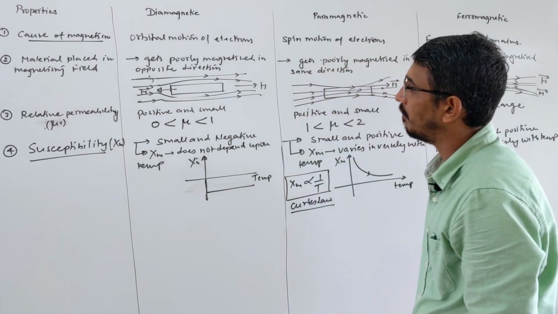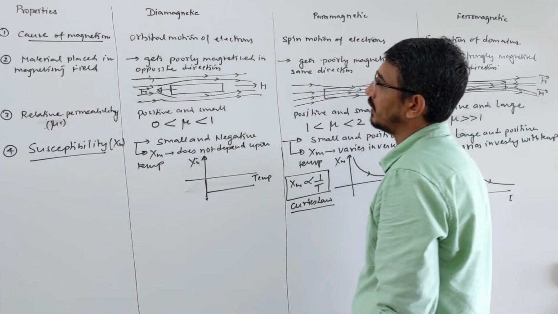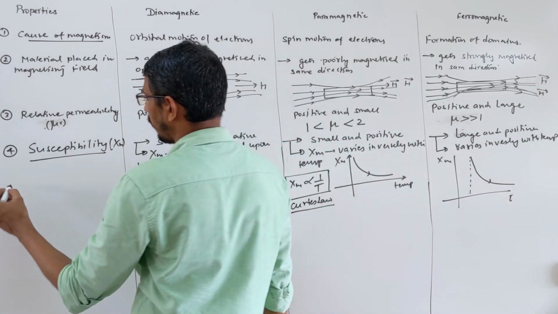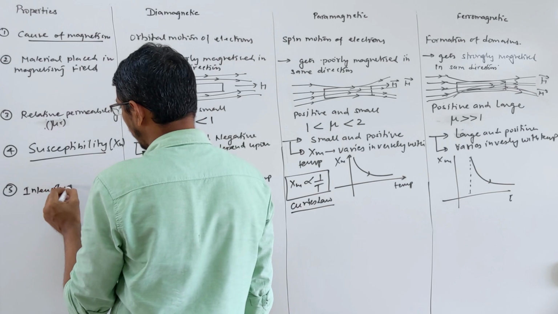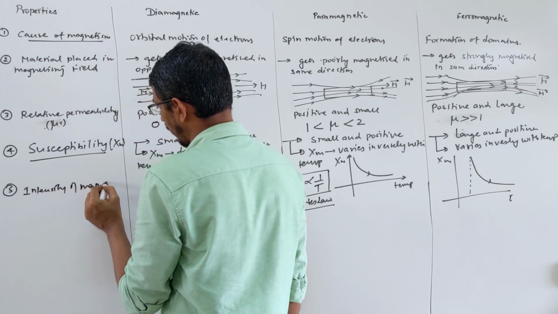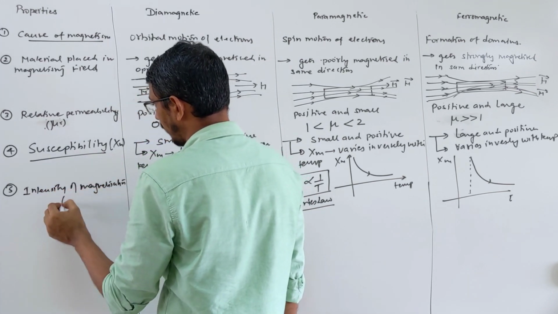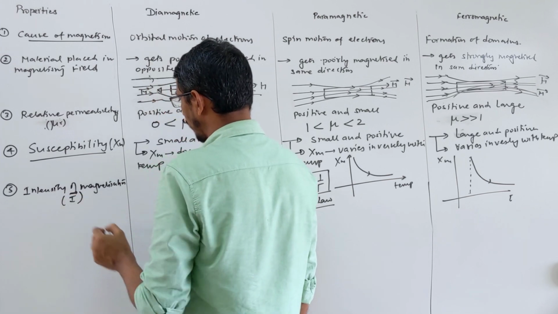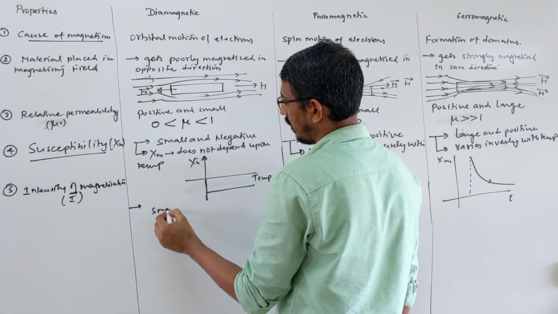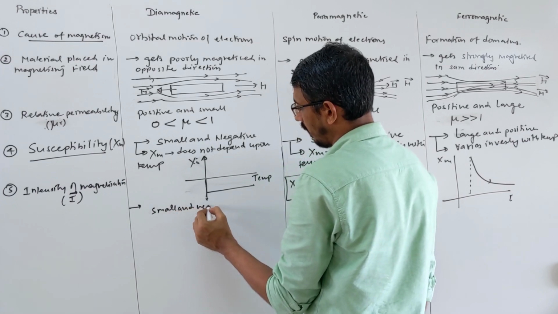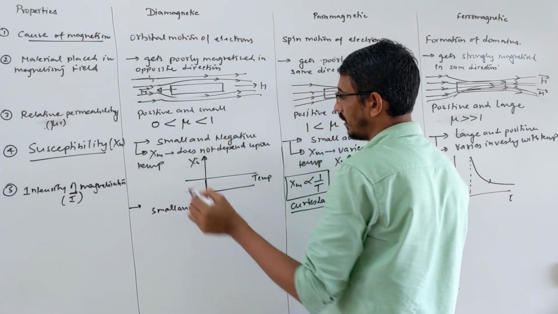Susceptibility is done, magnetic permeability is done, and okay. So one more point you can write here, like intensity of magnetization. Okay, intensity of magnetization. For this material, it is small and negative, same like susceptibility only.